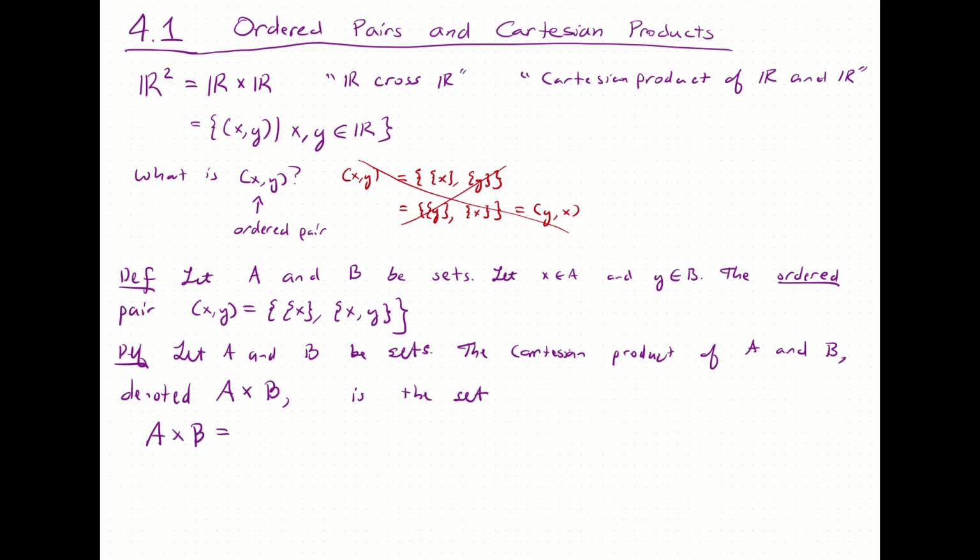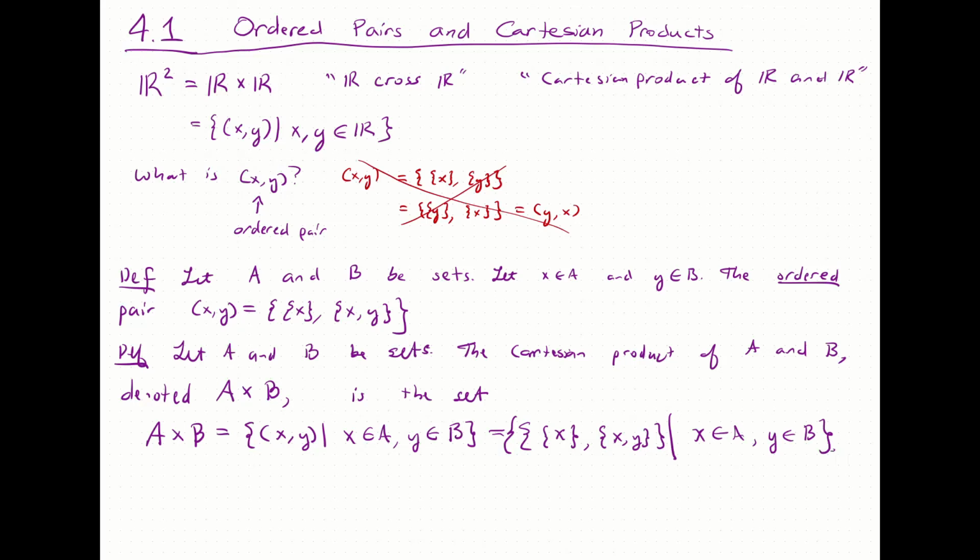So now we can go ahead and use the definition, since now we have defined what it means to be an ordered pair, the set of tuples x comma y, such that x is in A and y is in B. So in other words, this here is the set of sets {x}, {x, y}, such that x is in A and y is in B. And so this is the main aspect: while we are going to be using the notation for ordered pairs, which is nice and succinct, this really is a set of sets.